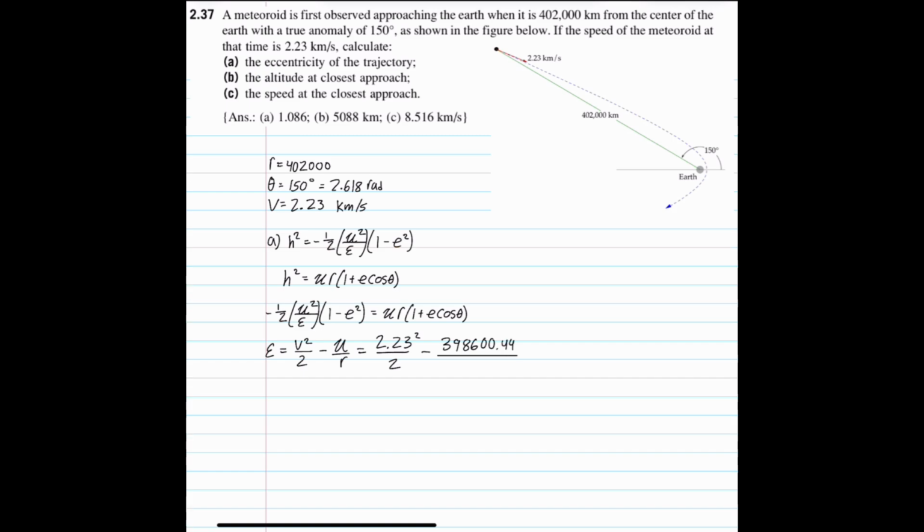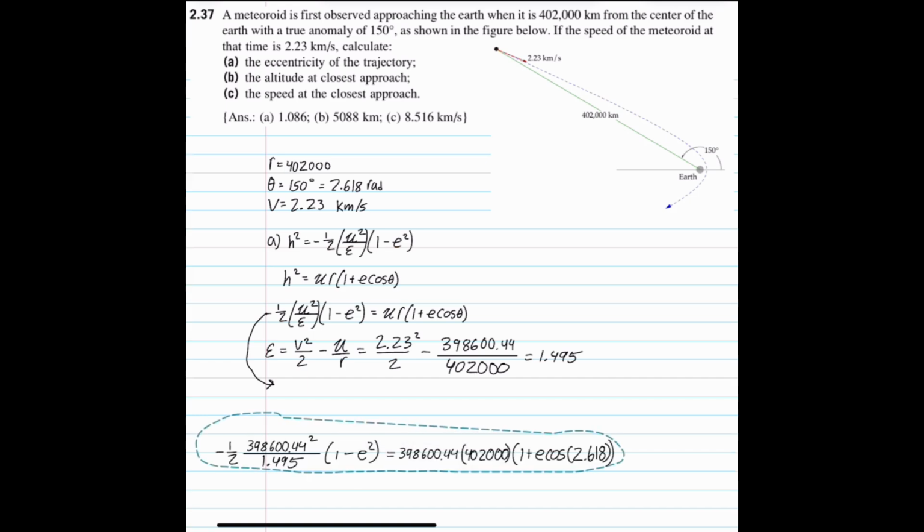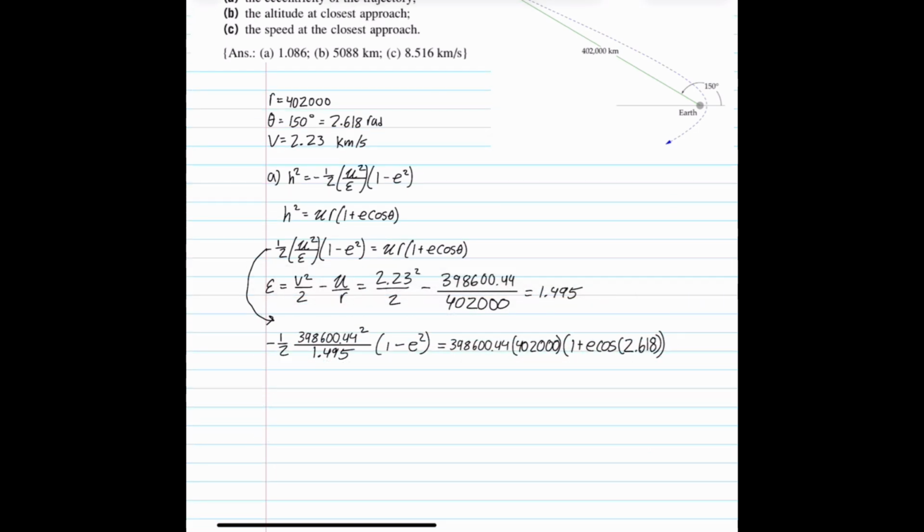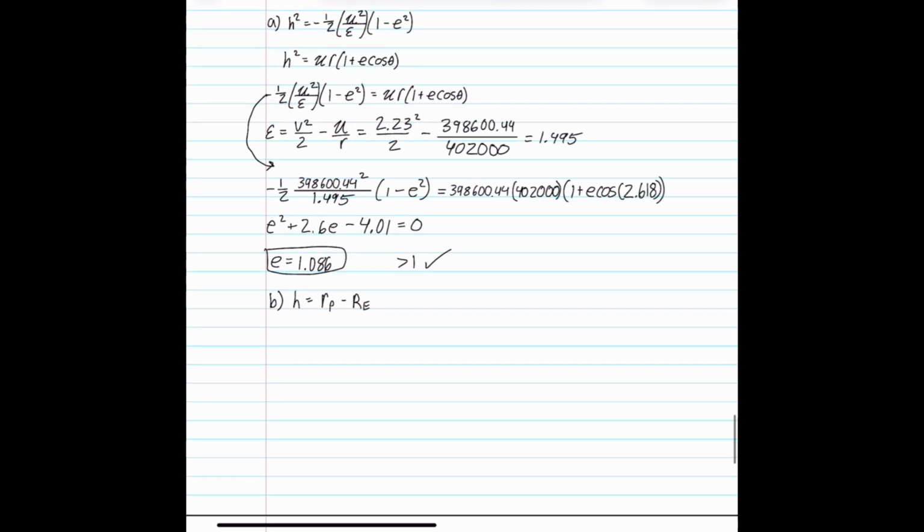And the energy, we know the velocity, we know mu, and we know r, so we can find the energy. And then plugging in all of our knowns, and then simplifying into a polynomial equation, we can solve it for 2 values of E, and then we select the positive one to be the correct one.